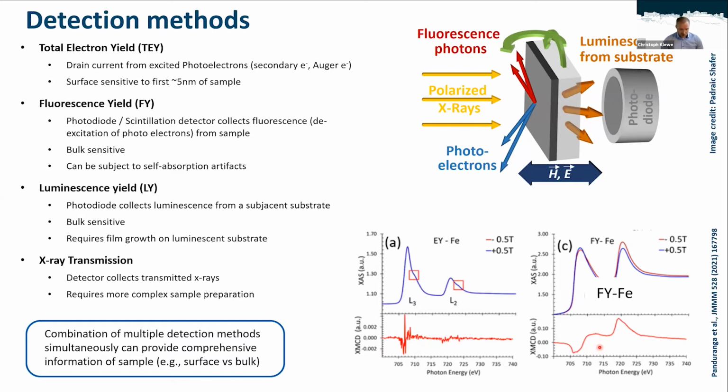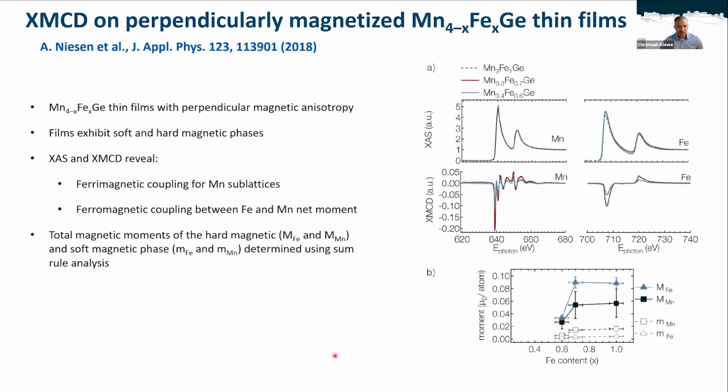Now, to give you another interesting example of how we can use XMCD: in this study with our collaborators from Bielefeld University in Germany, we used XMCD to study manganese, iron, germanium thin films with perpendicular anisotropy. And these films exhibit a soft and a hard magnetic phase.